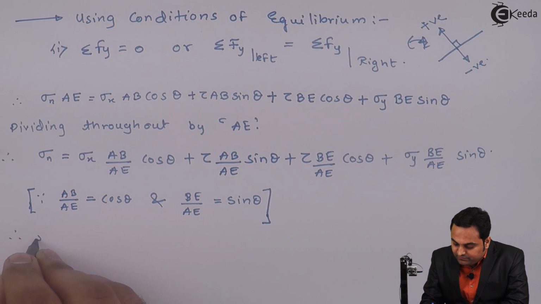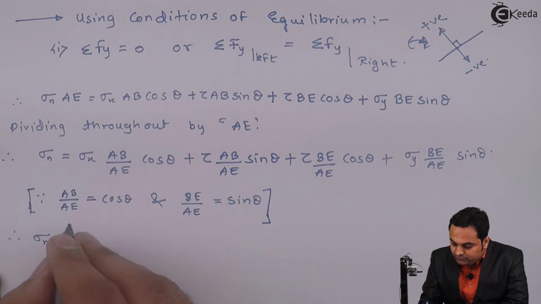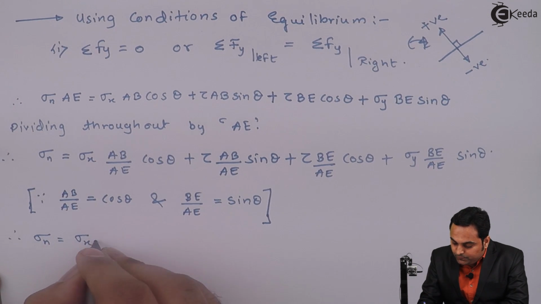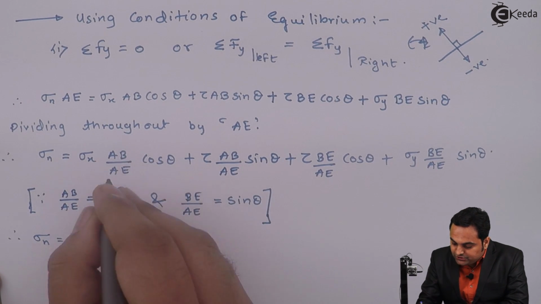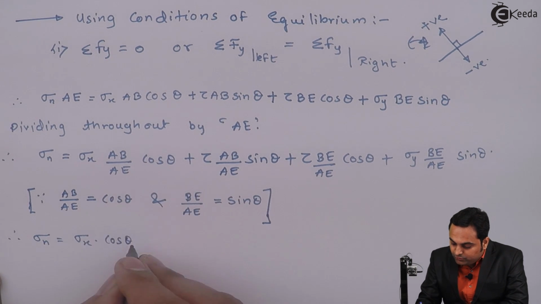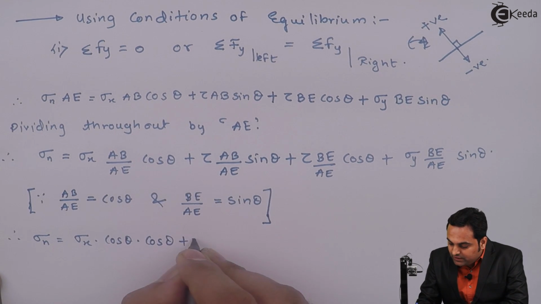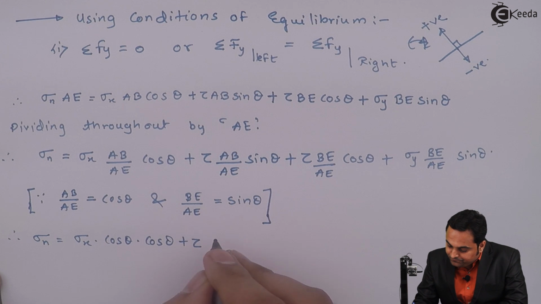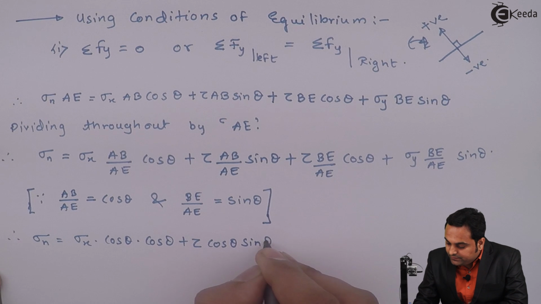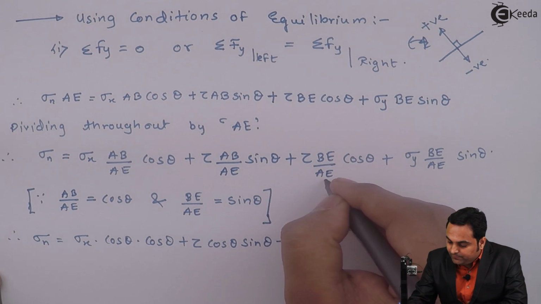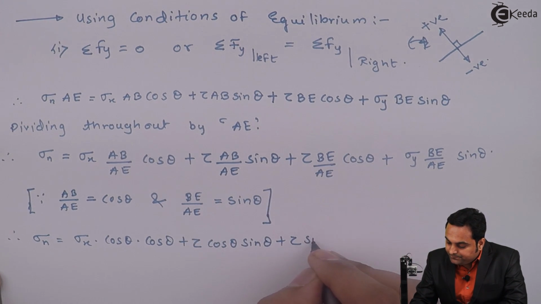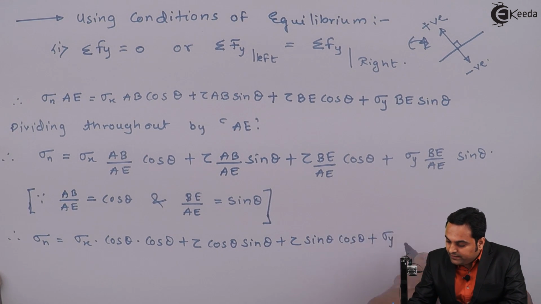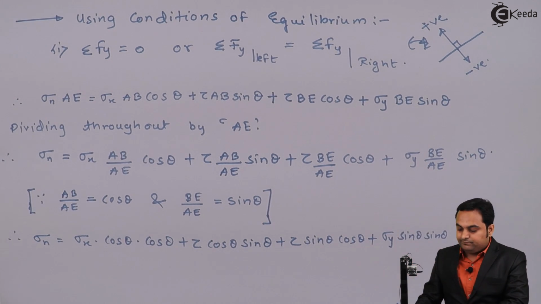So this will be simplified as sigma n is equal to sigma x into AB upon AE cos theta. Again we have one more cos theta, plus tau AB upon AE, that is cos theta into sin theta, plus tau BE upon AE, that is sin theta into cos theta, plus sigma y BE upon AE sin theta into sin theta.